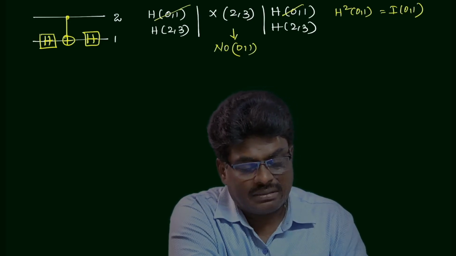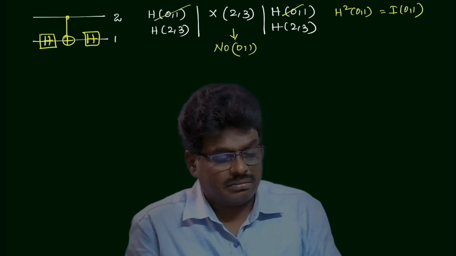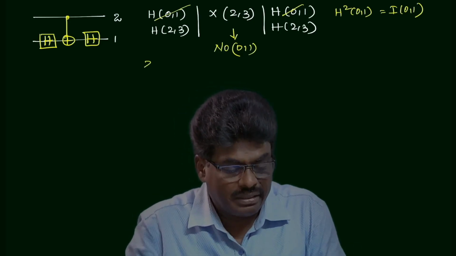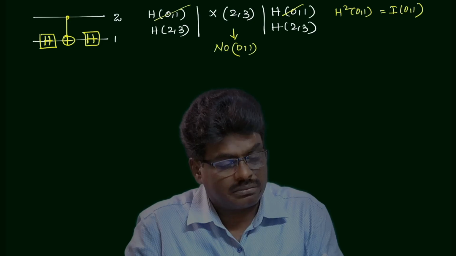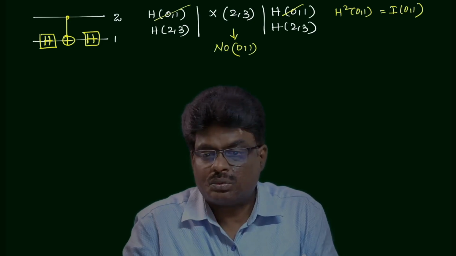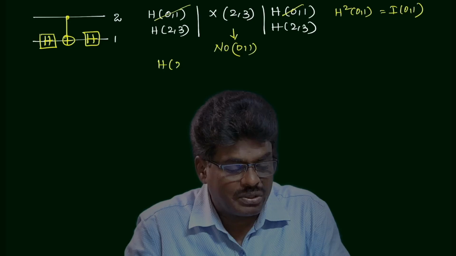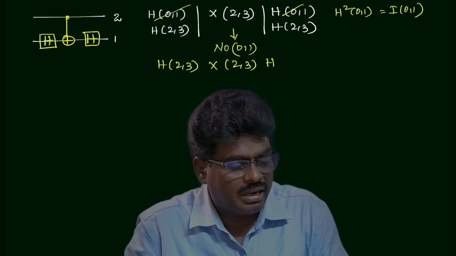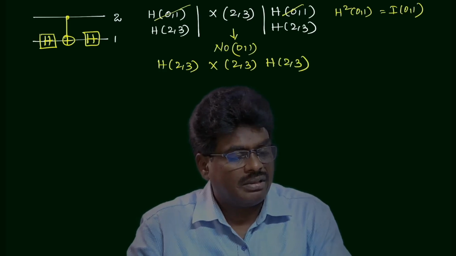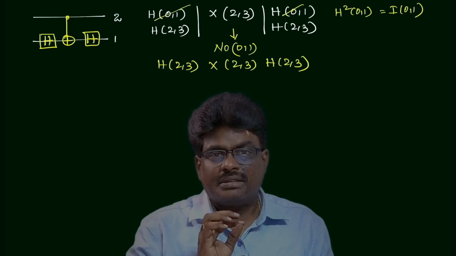And the next one, you can apply our technique. So we have 2 3, that means the remaining is H of 2 comma 3 and X 2 comma 3 and H 2 comma 3. If you want, you can apply our technique, you will get the same answer.